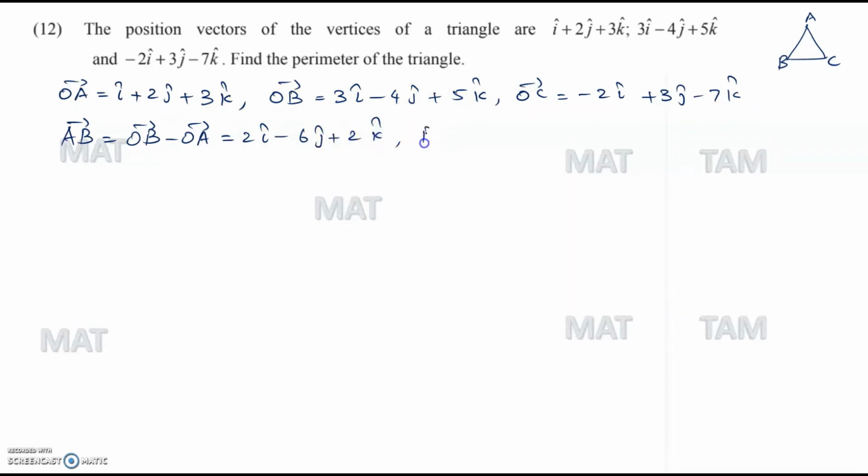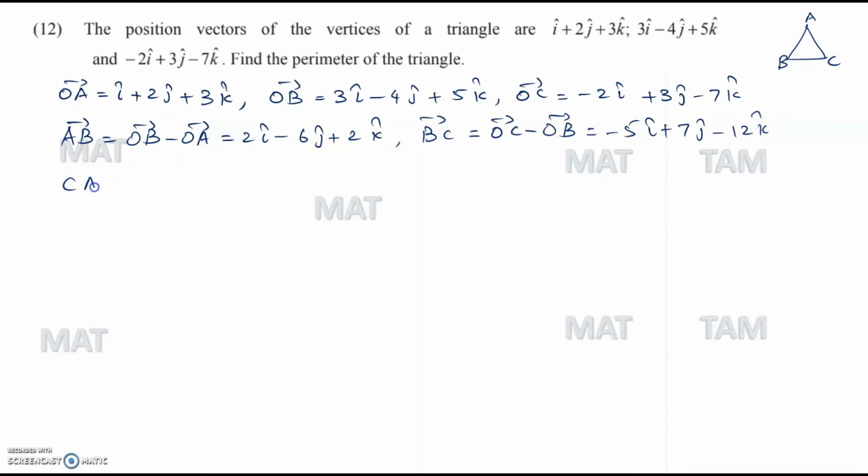Similarly, our vector BC would be equal to OC vector minus OB vector. So minus 2 minus 3 is minus 5 i cap, 3 plus 4 is 7 j cap, minus 7 minus 5 will be minus 12 k cap.